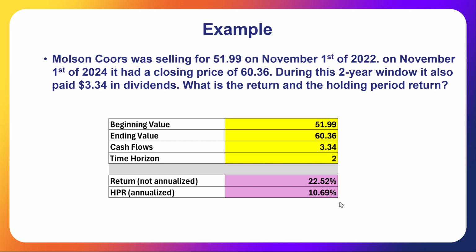If you multiply 10.69 by 2, that's obviously what, 21 odd percent. Now, there's something in the world called time value of money, so that's going to alter just a wee little bit what the actual return would be over that time period.